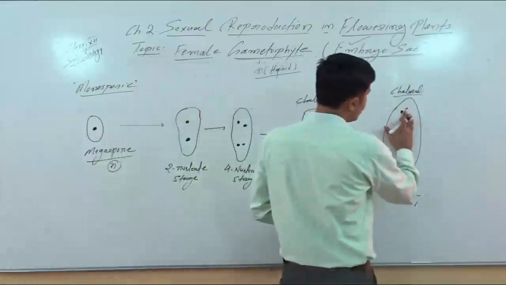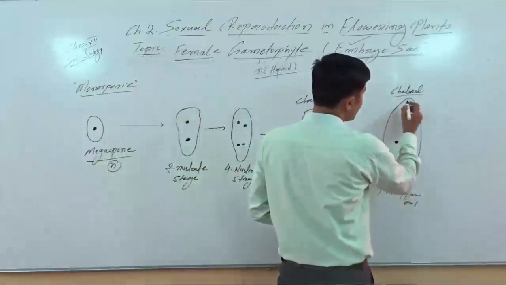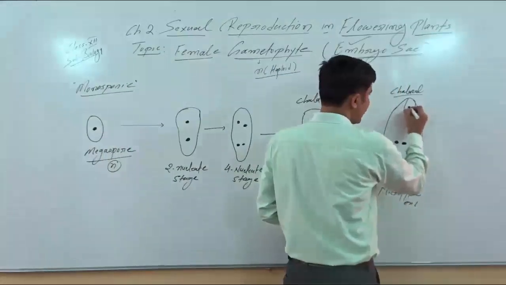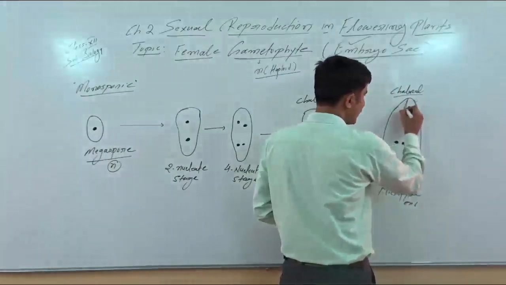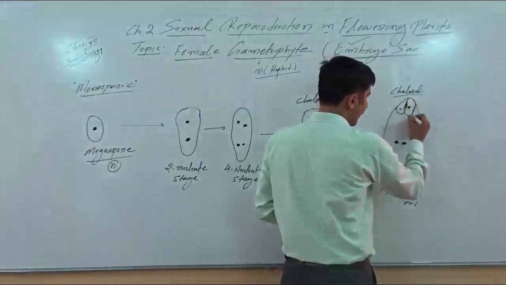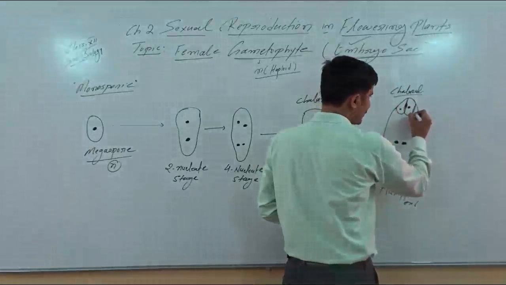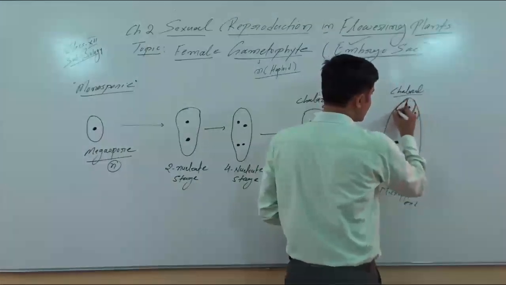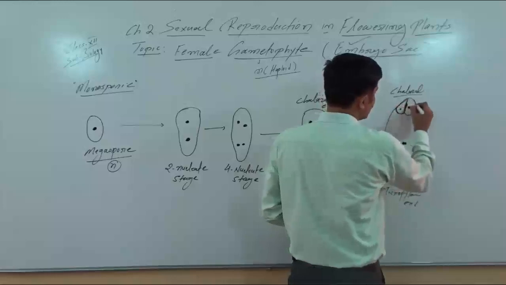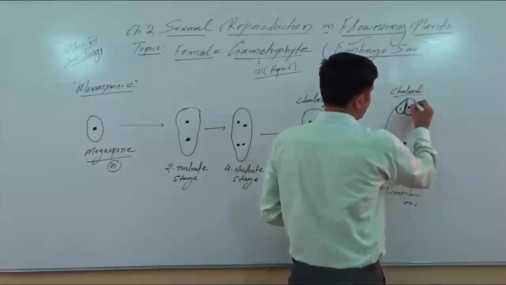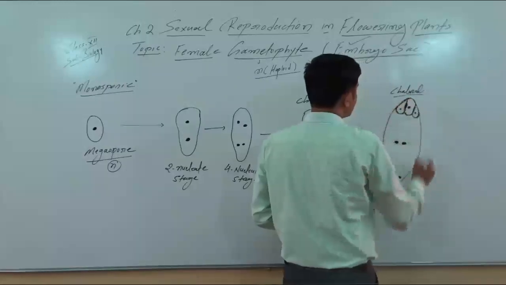Okay, so these 3 nucleus which are present towards chalazal end, here you can see development of one cell. This is development of cell wall. So second cell, and there is formation of third cell. So here we can see towards chalazal end there is formation of 3 cells because of the formation of cell wall and cytoplasmic division.